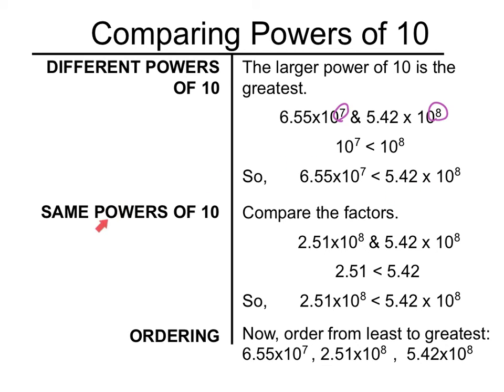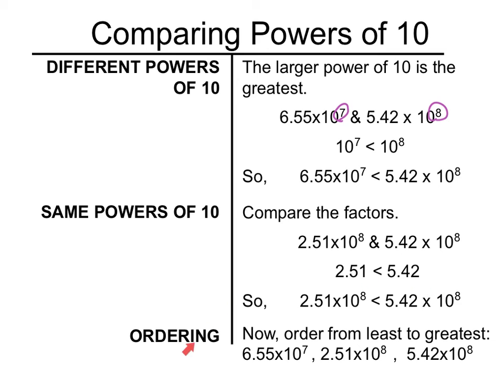So now what happens when they have the same power of 10? You're just going to compare the factors. You're going to ignore the powers of 10. So in this case, we'll drop the power of 10 and have 2.51 compared to 5.42. 2.51 is less than 5.42, so 2.51 times 10 to the 8th is less than 5.42 times 10 to the 8th.